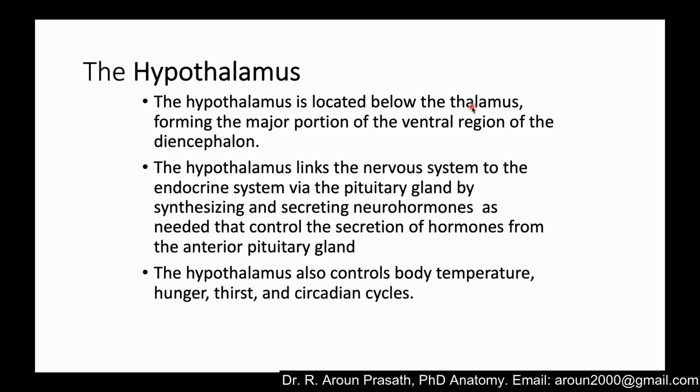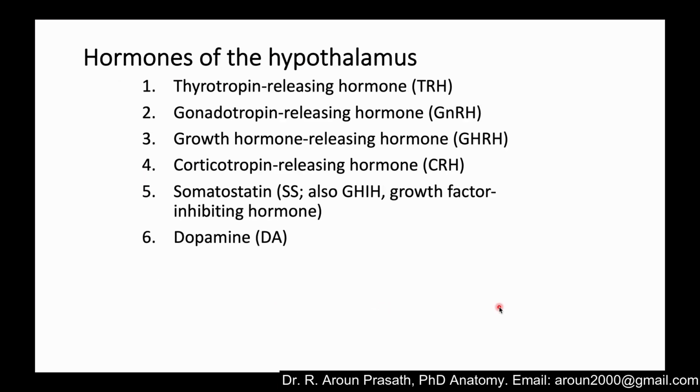The thalamus is an egg-shaped structure in the cerebral peduncle, forming the major portion of the ventral region of the diencephalon. The hypothalamus links the nervous system to the endocrine system through the pituitary gland. That's why it's called a neuroendocrine gland. Apart from controlling the nervous system, it also controls body temperature, hunger, thirst, and the biological clock, which we call the circadian rhythm.